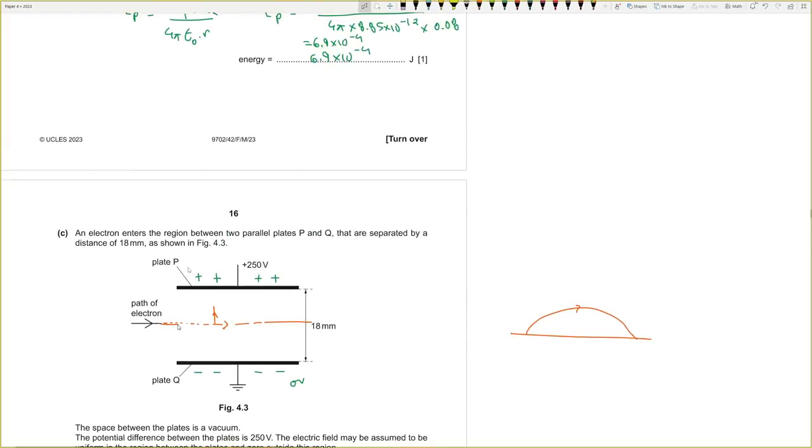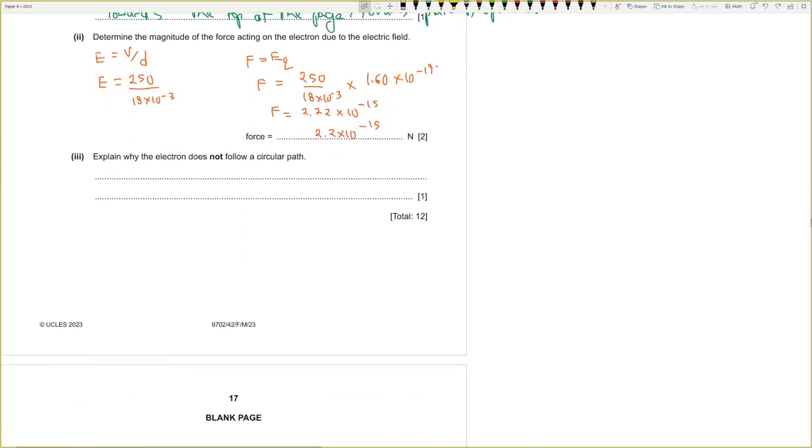Initially it is, but after you enter the plate, the force acts vertically upwards like this, and it is not perpendicular to the velocity anymore. Initially it was, right? But later on it is no longer perpendicular to the velocity. So here the answer should be, the force is not always perpendicular to the velocity.